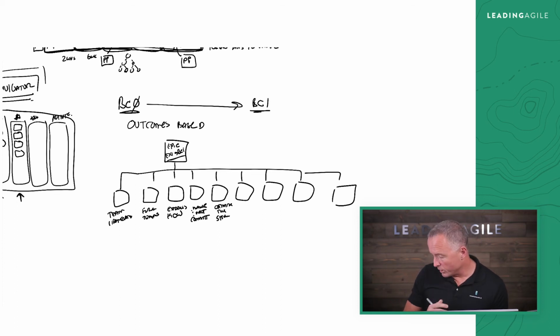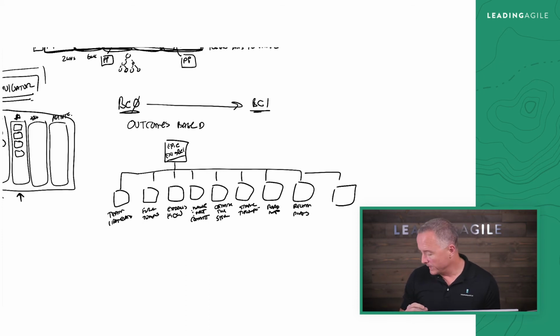And then we want to have stable throughput. We want to be able to build a product roadmap, right? We want to be able to deliver release plans, right? And then we want to be able to have a rolling 90-day backlog.